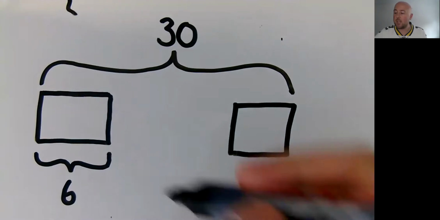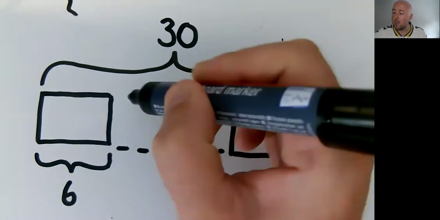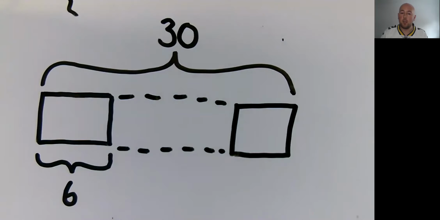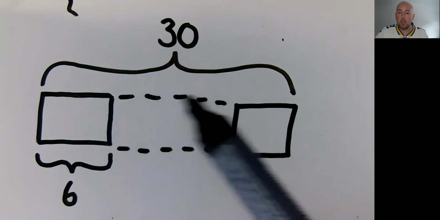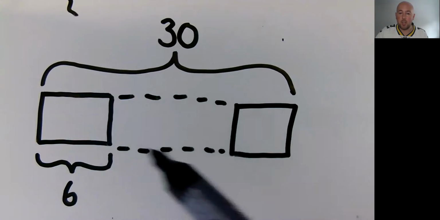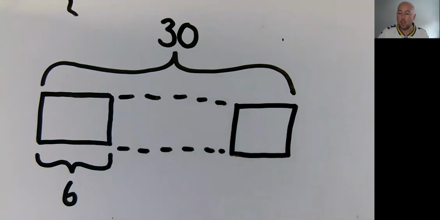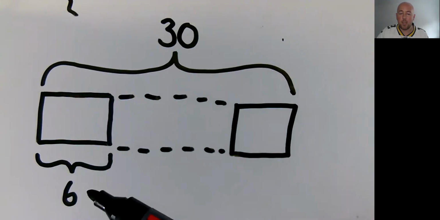We know that this is 6, but what we don't know, and we represent it using these dashes, because this denotes that we don't yet know this, but that something does exist in this realm. And then from here, we should see that we have 30, they get 6 each.